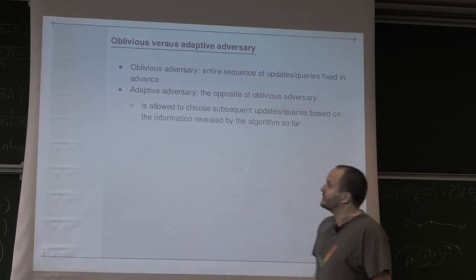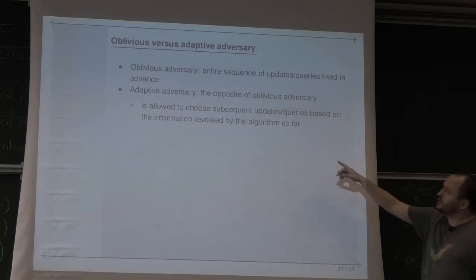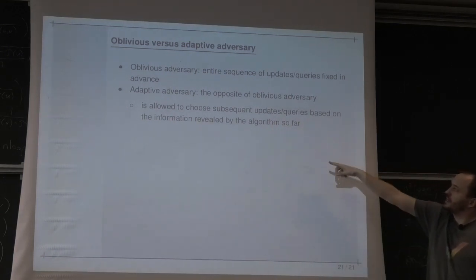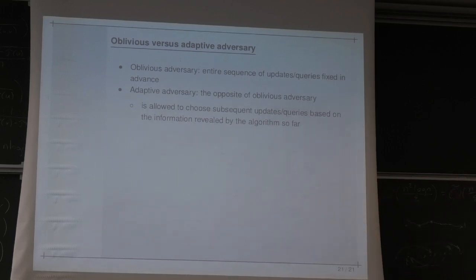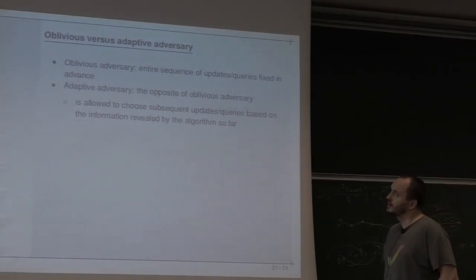But an adaptive adversary is basically the opposite. So here, this user is allowed to choose subsequent updates and queries based on the information revealed from the queries.